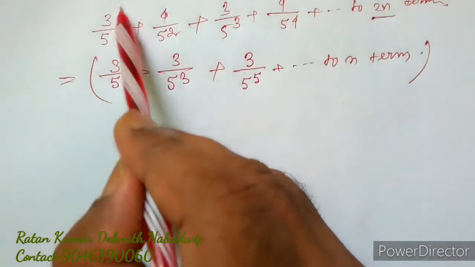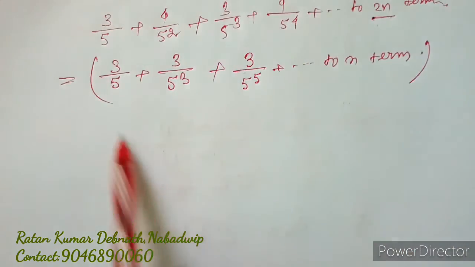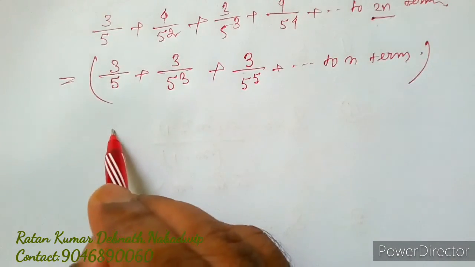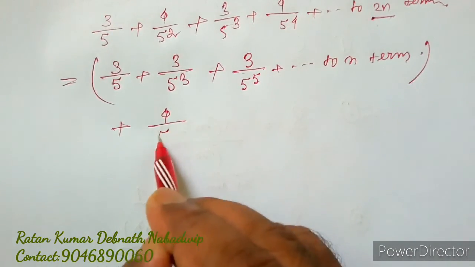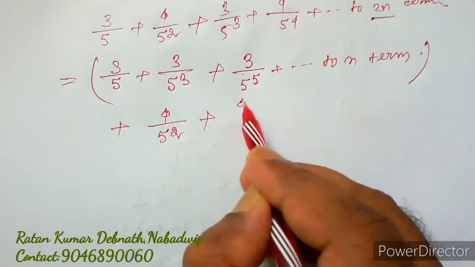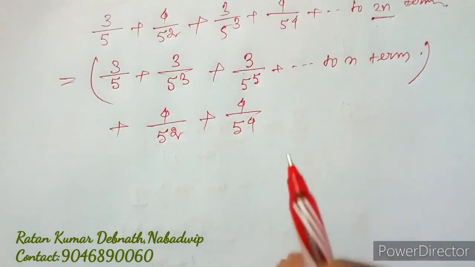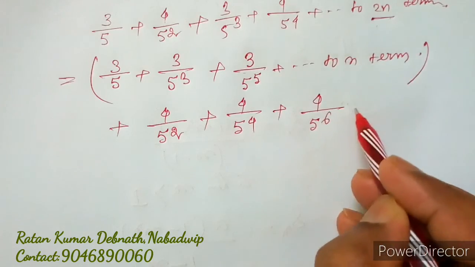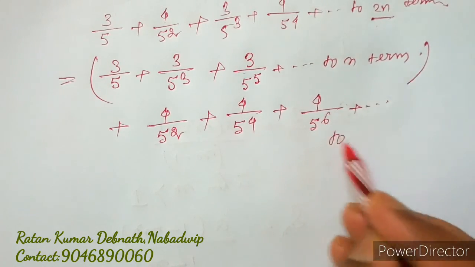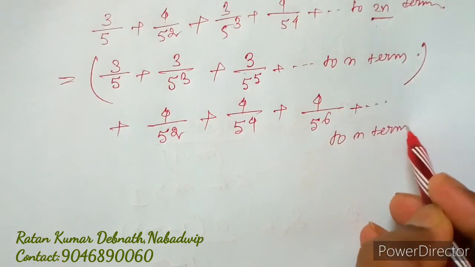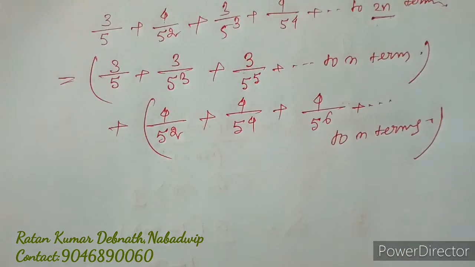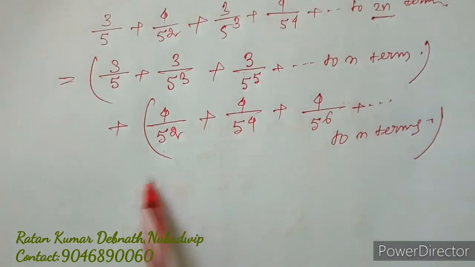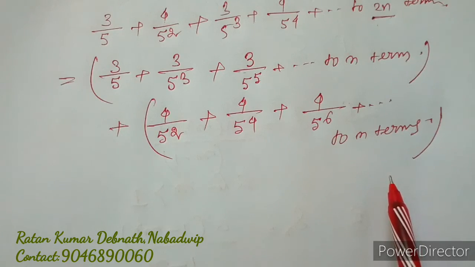So skipping one element, we can write this series, and 4 by 5 square plus 4 by 5 to the power 4 plus 4 by 5 to the power 6 plus, to n terms. So we broke the series into two different GP series.